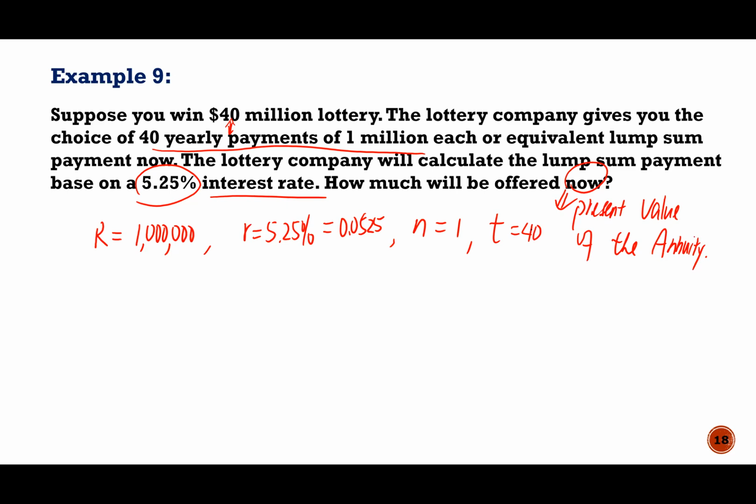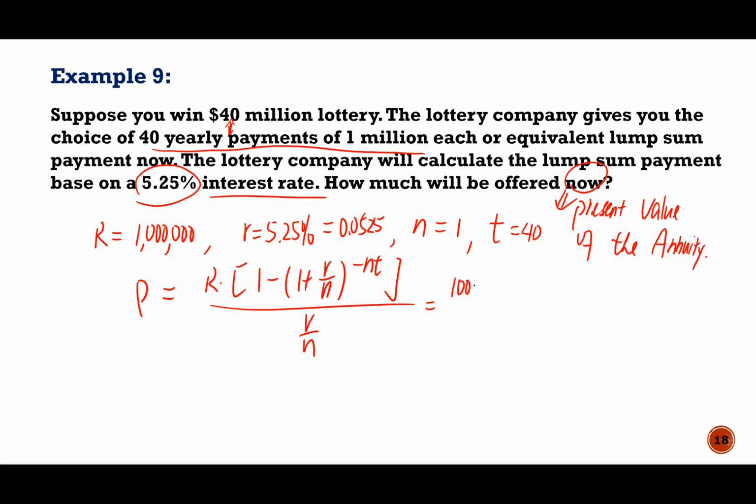And we apply the formula: present value of the annuity equals regular payment times 1 minus 1 plus R over N to the negative NT, and then over R over N. Okay. So one more time, we throw the numbers into the formula.